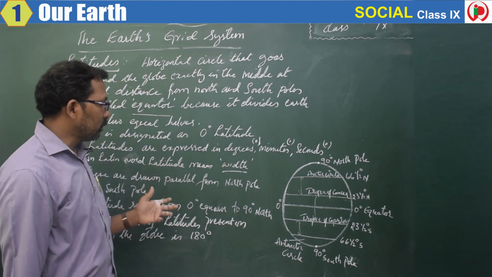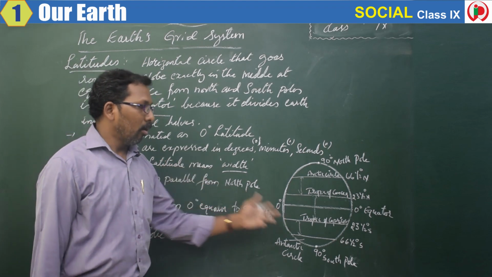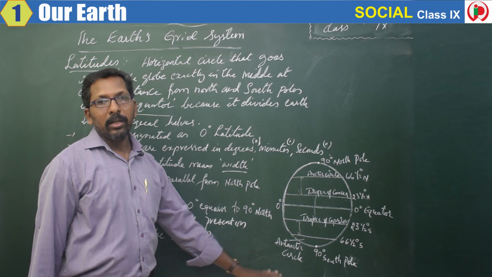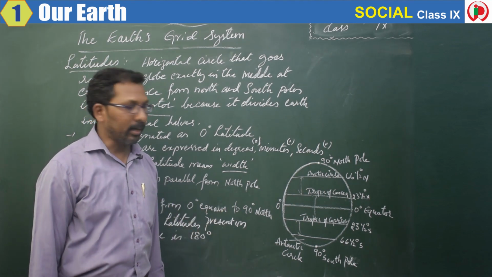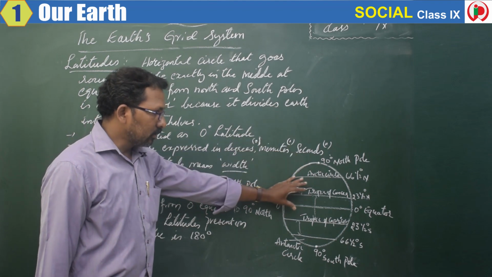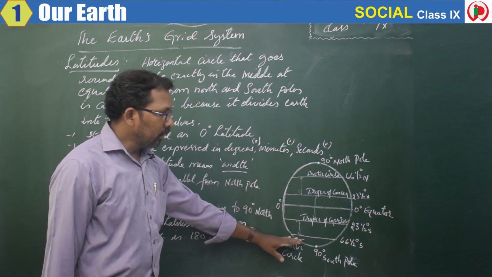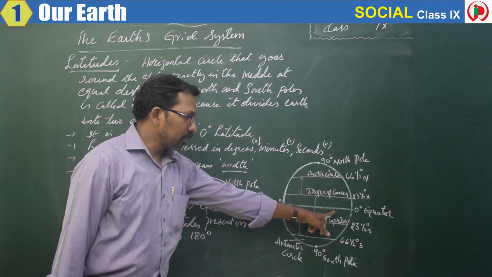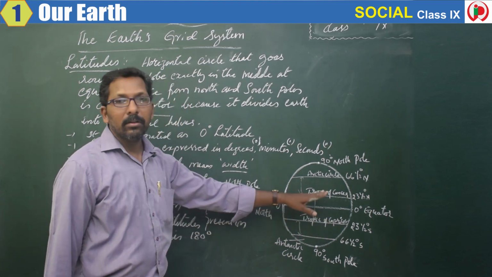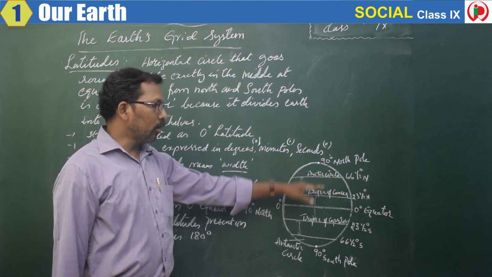So latitude means what? These are the parallel lines drawn from North Pole to South Pole in a circle, right? These circles are drawn from north to south, and the largest circle is the equator, which divides the globe, or the earth, into two halves.